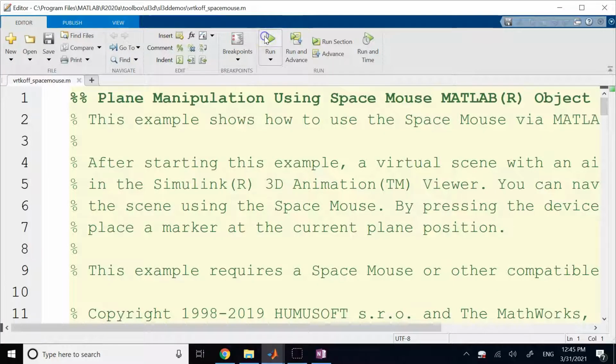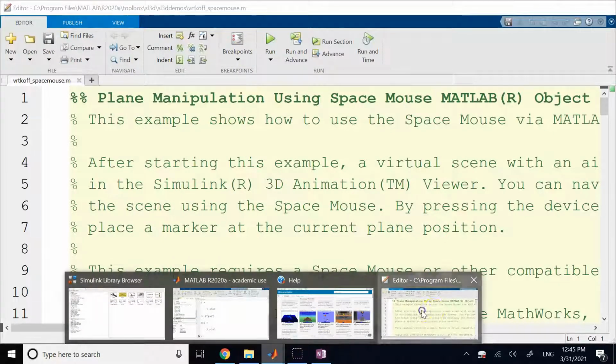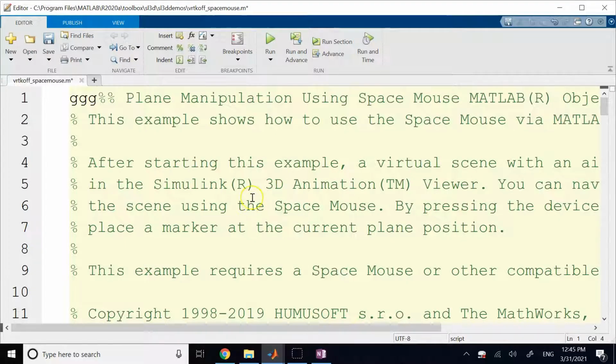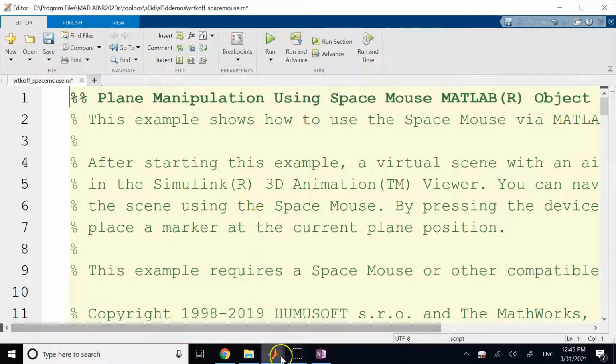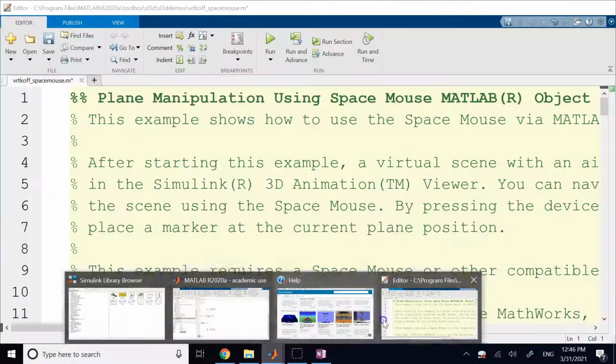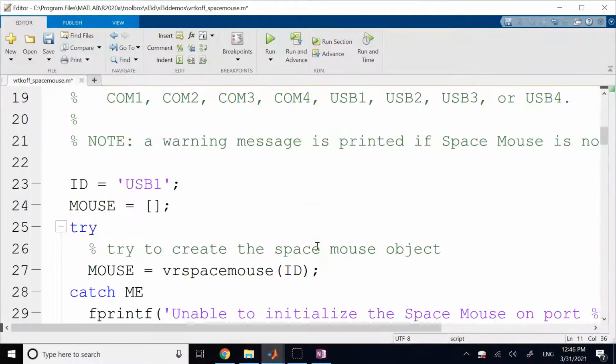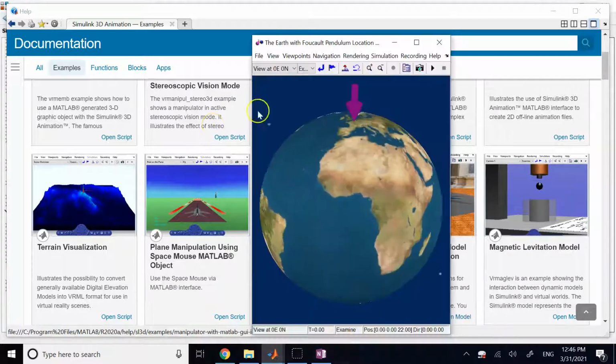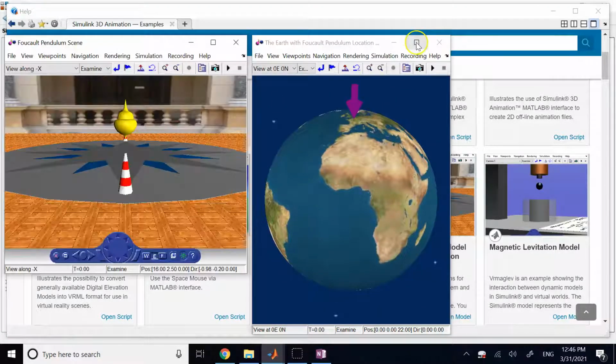Let's see. Run. Okay. Oh, it needs some USB stuff. Okay. Just want to see if I can give you something a little bit better that doesn't need me to interact with hardware. Yeah, this one may be even better.